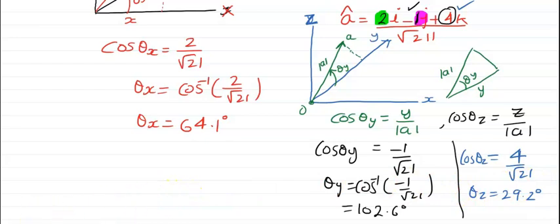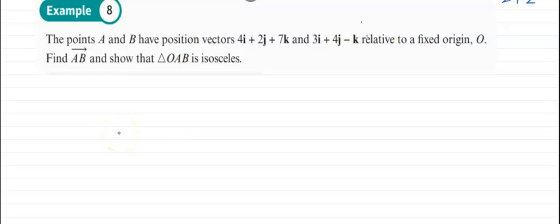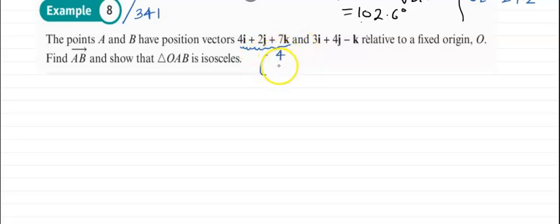Okay, let's go for questions now. This is example 8 on page number 341. The points A and B have position vectors 4i plus 2j plus 7k, so as a column vector we can write 4, 2 and 7. And for B we can write 3, 4 and minus 1, relative to a fixed origin O, and find AB.